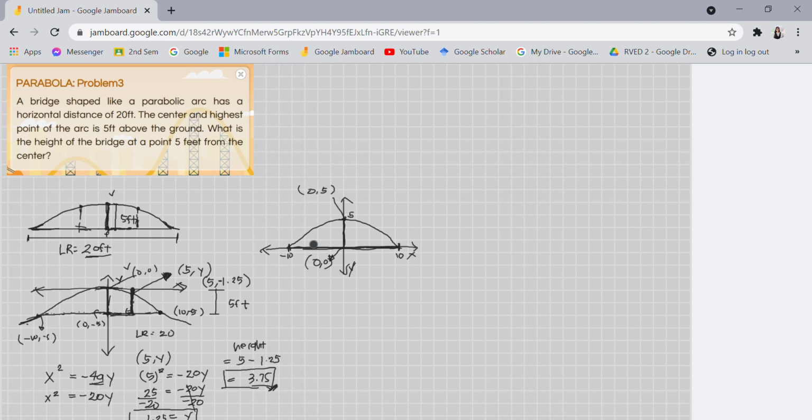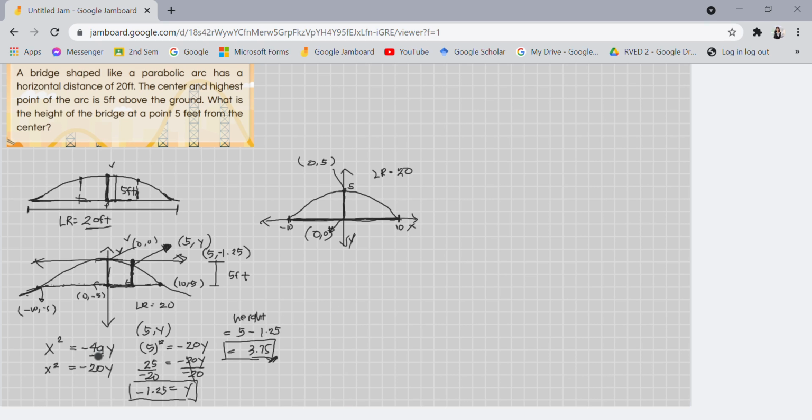Your parabolic arc is facing down, the vertex at 0, 5. The length of latus rectum is 20. Ito, 20, given in the problem. Pag sinulat natin ang equation niyan, hindi na siya ito. Iba na siya. Kasi meron tayong HK. So, we follow yung HK natin, that is (x minus h) squared is equal to negative 4a times (y minus k). Okay?